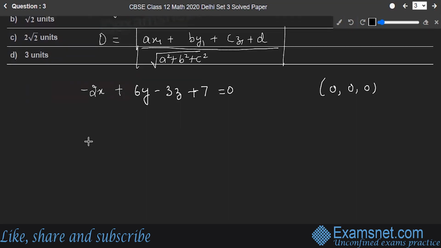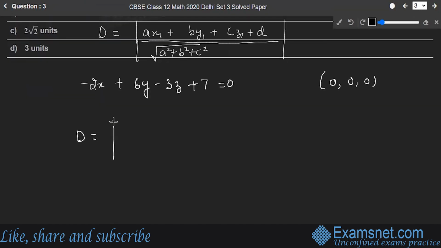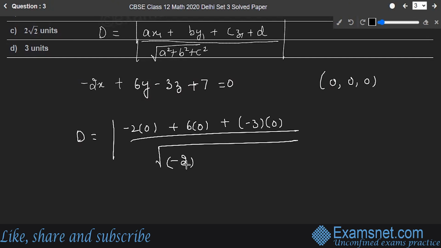So according to the distance formula, it is minus 2 into 0 plus 6 into 0 minus 3 into 0 plus 7, whole divided by root of minus 2 square, 6 square, and minus 3 square. I forgot to write plus 7 earlier.